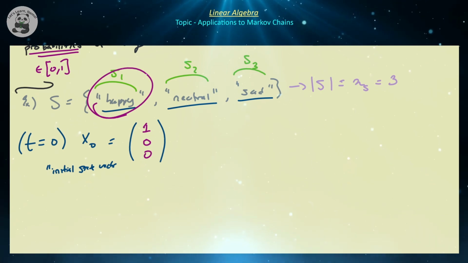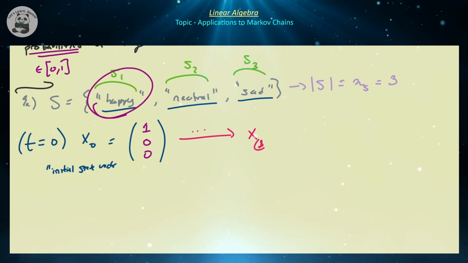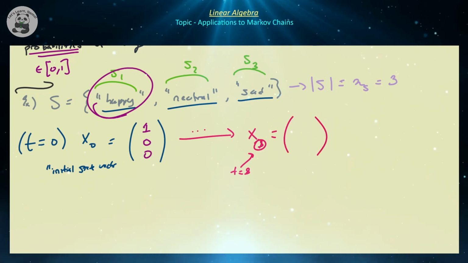All right? So let's assume that after some time, for example at time t equals 8, what's the probability that we are happy? Obviously, maybe something bad happens and the probability that we're happy at time t equals 8 is like 10%. Let's assume that the probability that we're neutral at time t equals 8 is 10%. And since this is a probability vector, the probability that we are sad at time t equals 8 would be the number that makes the values sum to 1.